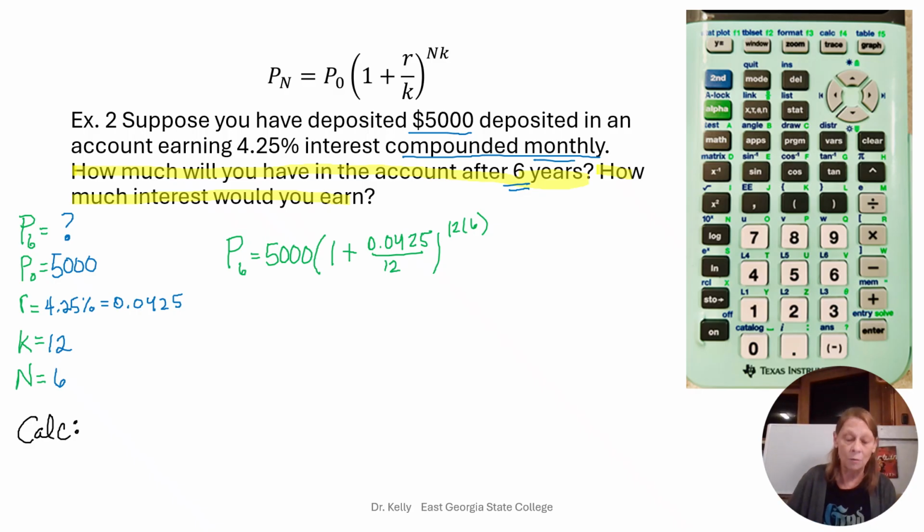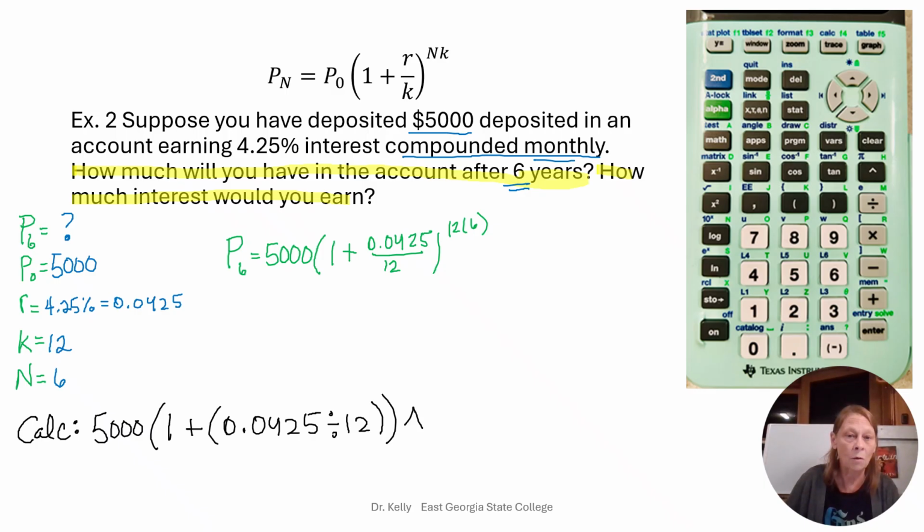That way you can check it when I write down the actual answer here. So it's going to be 5,000 times 1 plus, open parentheses, 0.0425 divided by 12, close, close, to the power of, open, 12 times 6, close, enter.